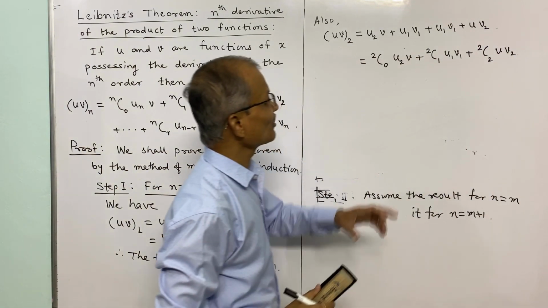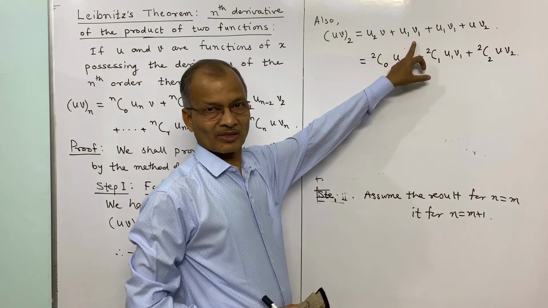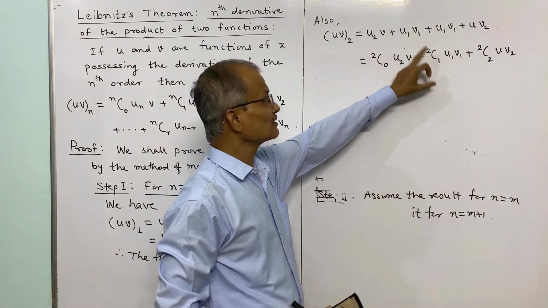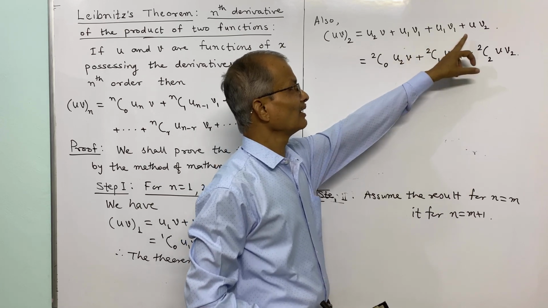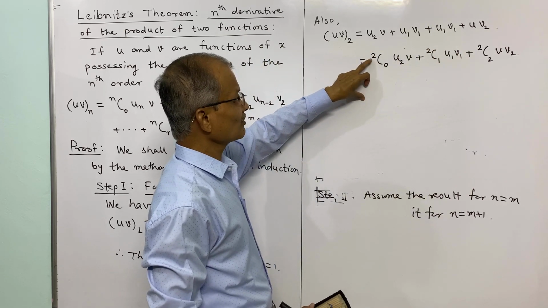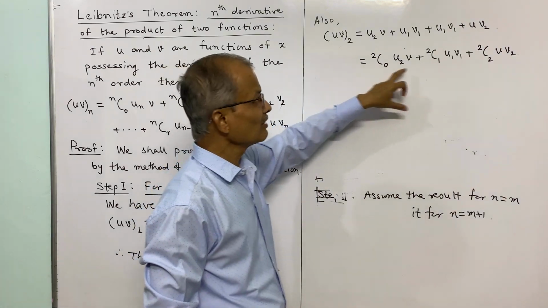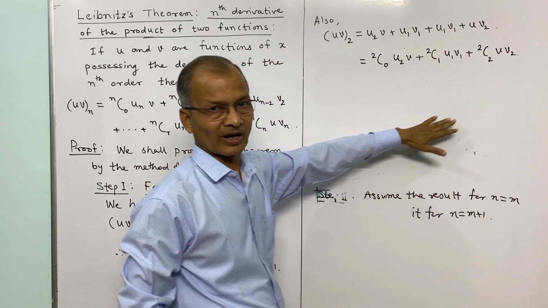Because why is this so? Because 2 choose 1 is 2, and that is 2 times u1 v1 we have, and we have earlier written 2 choose 0 is 1, 2 choose 2 is 1.